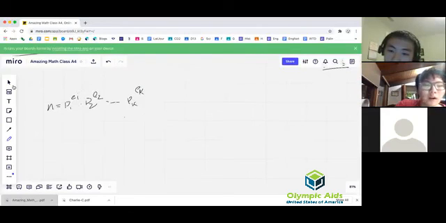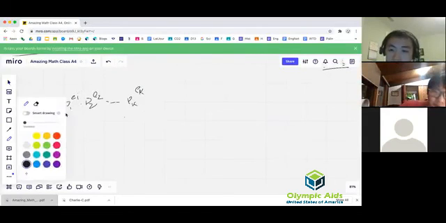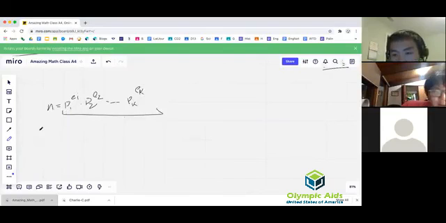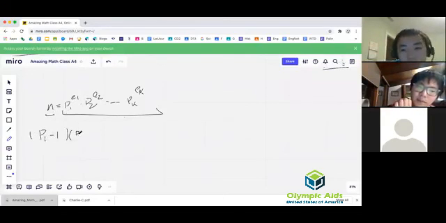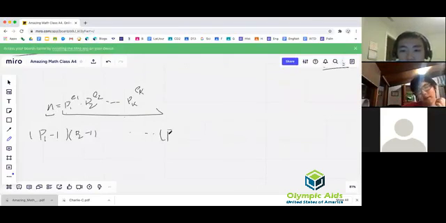Then you can consider all the non-zero residues mod each of these. So you have p1 minus 1 residues mod p1 that are relatively prime to n, and the same thing with p2, and so on. And this is, I think, where this expression comes from.